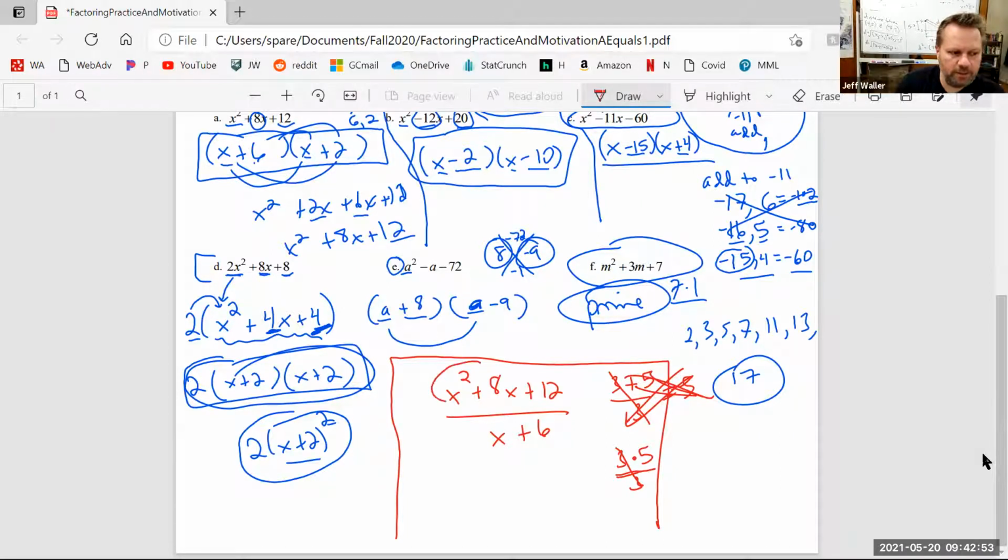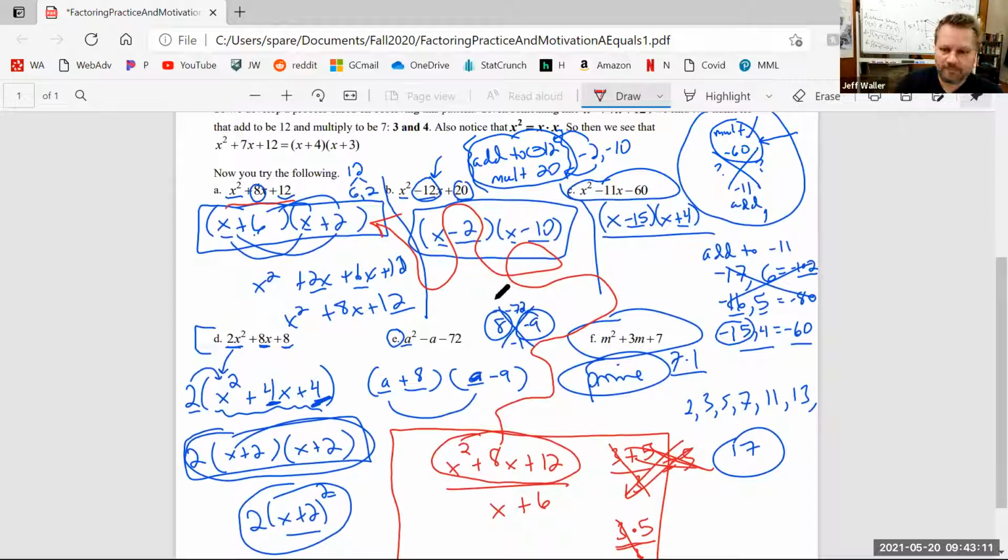So have we developed a way to rewrite x squared plus 8x plus 12 so that it's multiplication? Didn't we rewrite x squared plus 8x plus 12? We did this problem yesterday. So those two are equivalent.